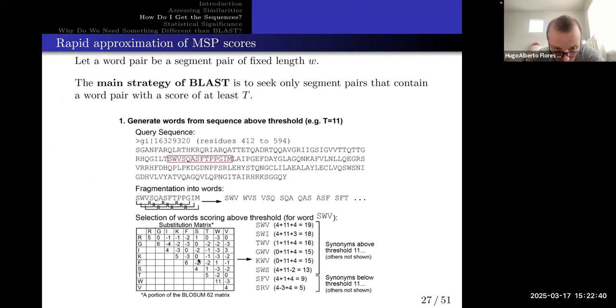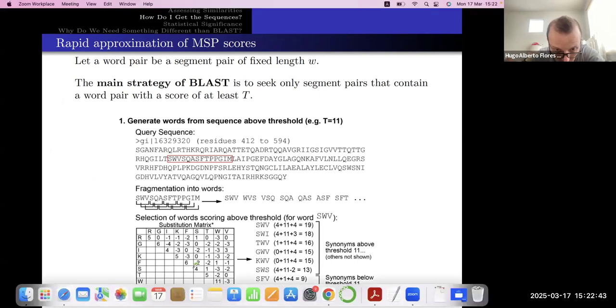So this one is the S with an S, that we have here. After that, you compare the W with the W. The W with the W gives you an 11.